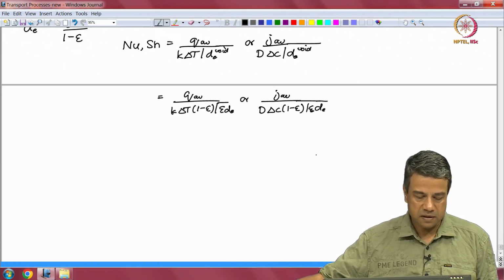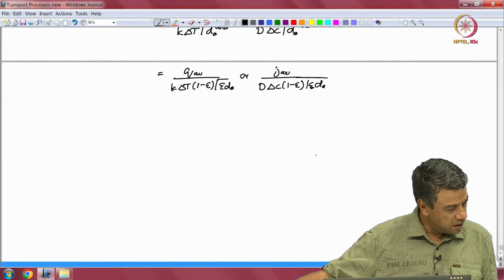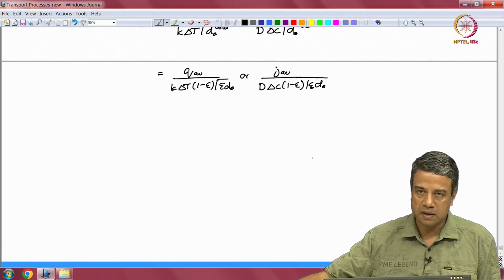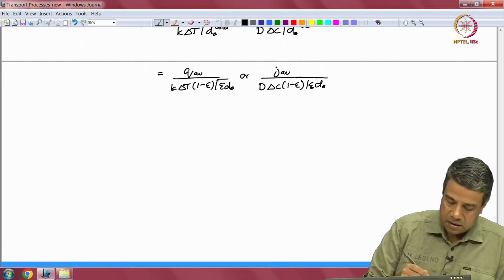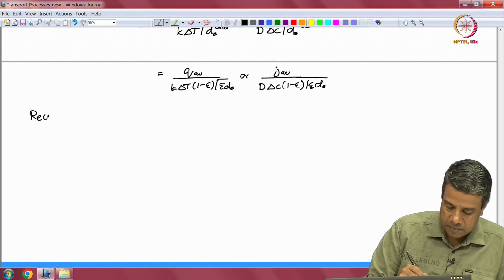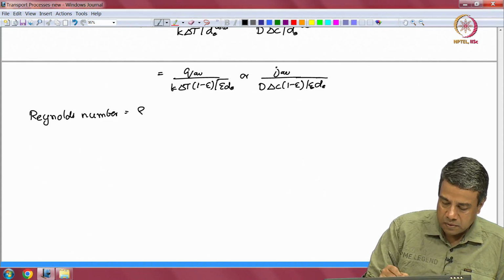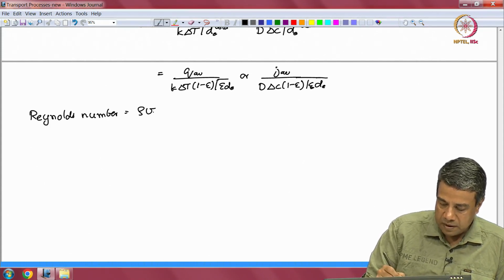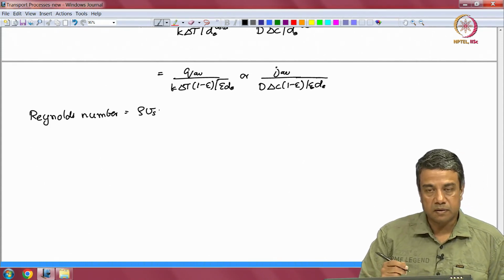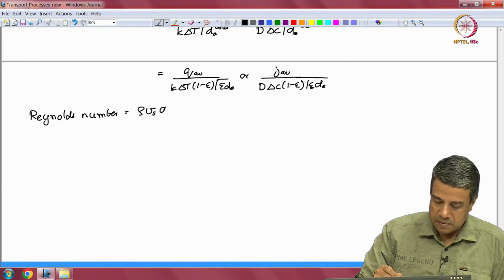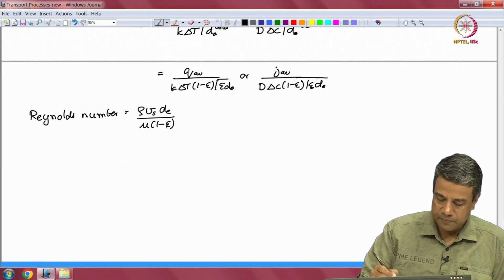So, those are the definitions of the Nusselt and Sherwood number, and the Reynolds number is defined the same way. Okay. The Reynolds number for flow through packed beds is equal to rho V, superficial velocity, times the diameter of a particle by mu into 1 minus epsilon.